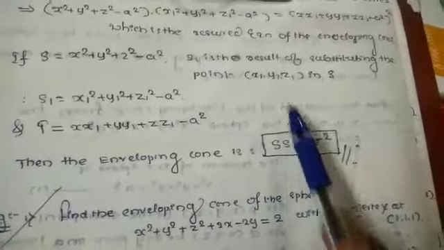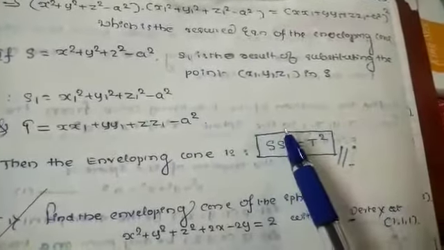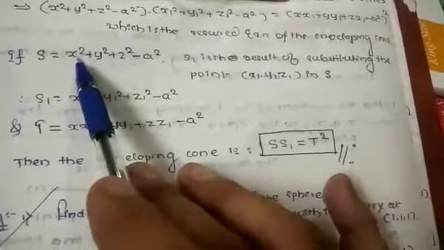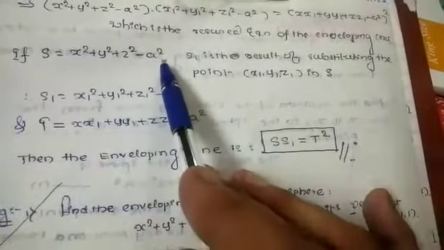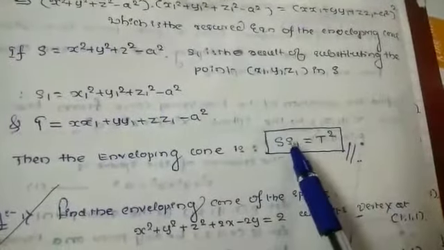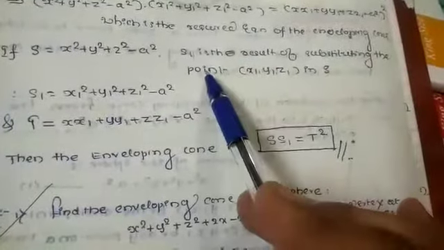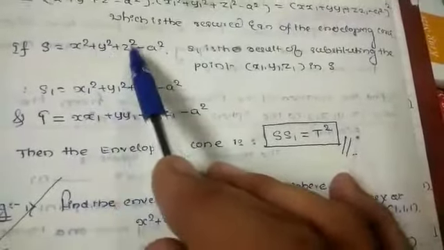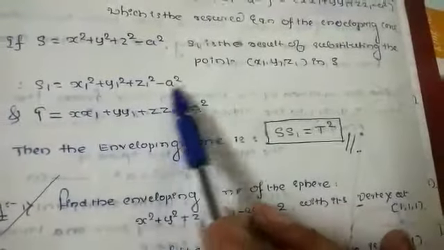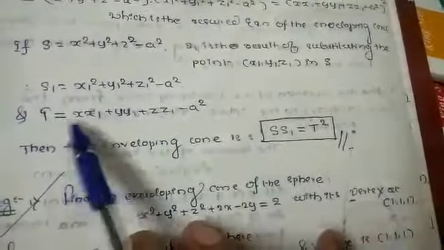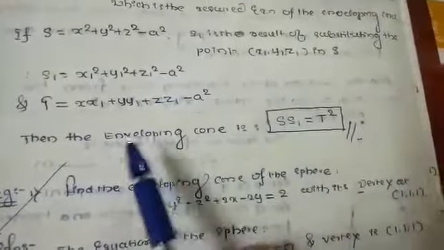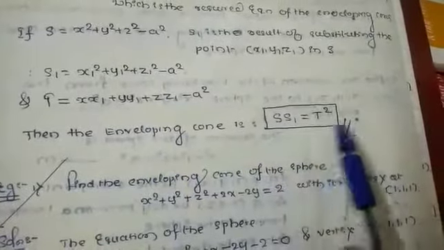If S is x square plus y square plus z square minus a square, then S1 is the result of substituting the point (x1, y1, z1) in S. Then T is x x1 plus y y1 plus z z1 minus a square, and the enveloping cone is S into S1 equals T square.